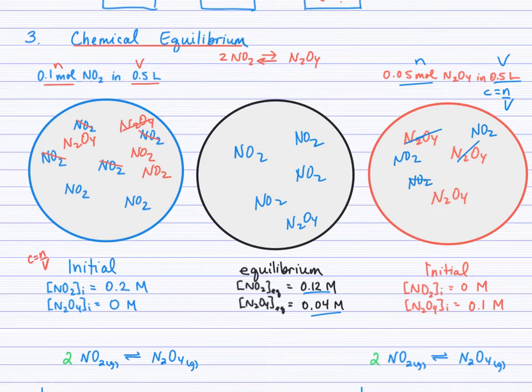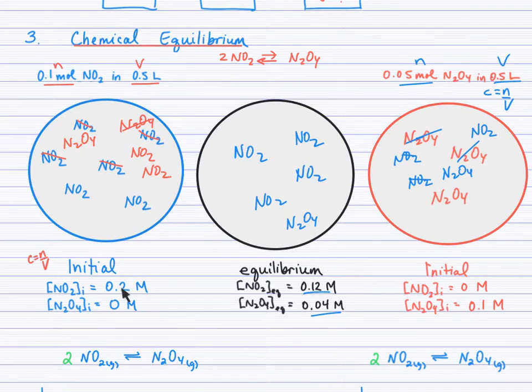And those NO2 particles, right, 2 of them will reform an N2O4. And so the forward and reverse rates occur, right, and keep occurring, but eventually their rates are equal. And at the point where the rates are equal, we've reached equilibrium.